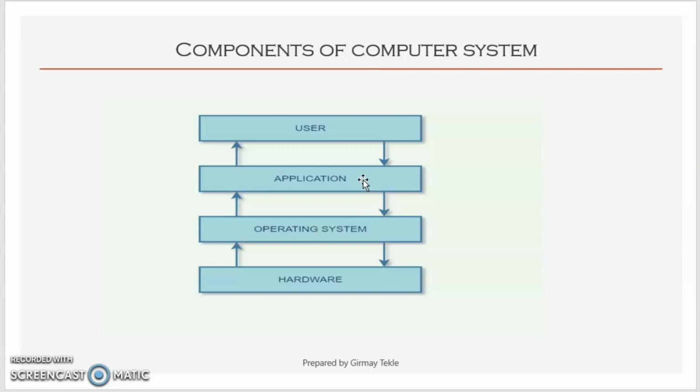They will use any database software like MySQL or other database management programs. These are examples of application programs, and to properly manage that, the operating system will manage all aspects of these application programs.